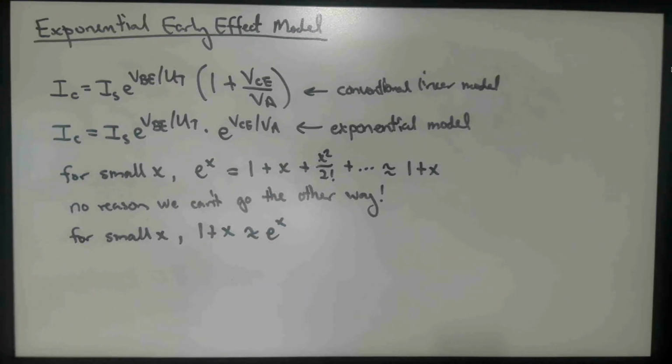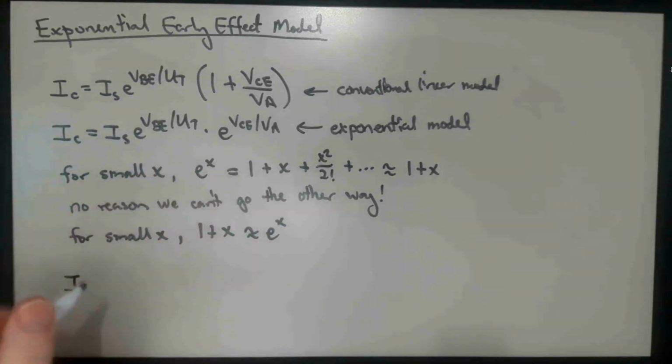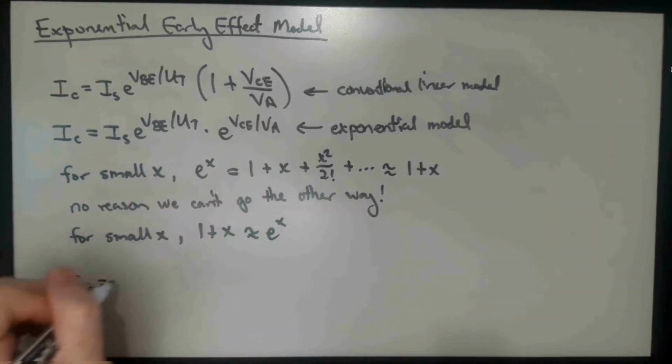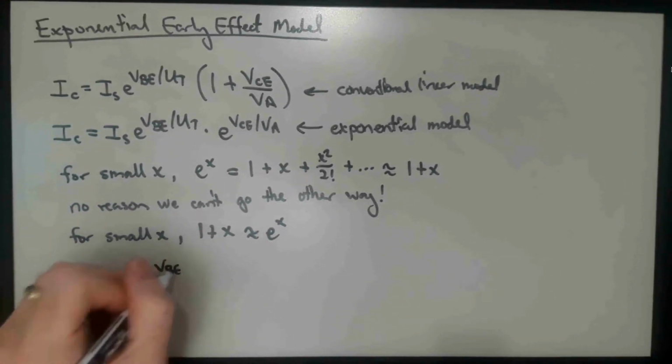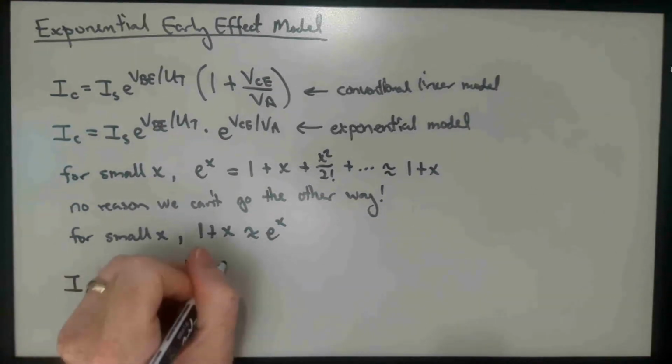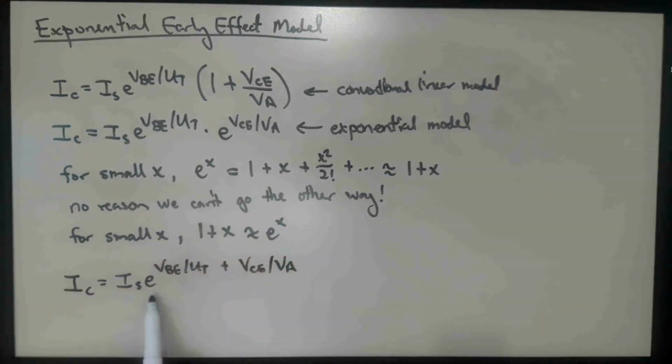But if we take our exponential model, the product of two exponential factors we can write as IC equals IS e to the VBE over UT plus VCE over VA. Now we just have a single exponential factor. Often we'll be able to take the log of both sides of an equation, and then we get a simple linear function that involves VBE and VCE.